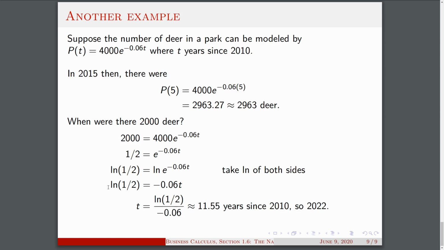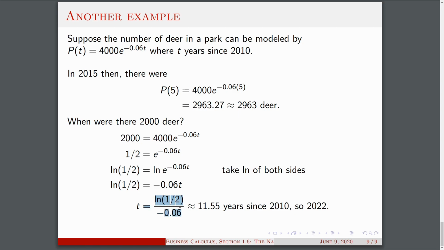And then the last step is very easy. We just have a number times t, and we will solve for t by just dividing by that number. I'll switch the right-hand side and left-hand side for the final step. t is ln of a half over negative 0.06. Make sure you're using the negative key when you're entering this into the calculator and not the minus key.